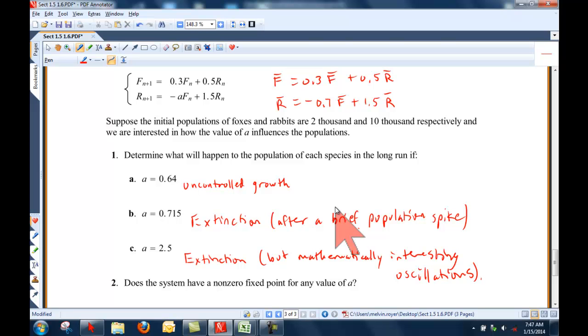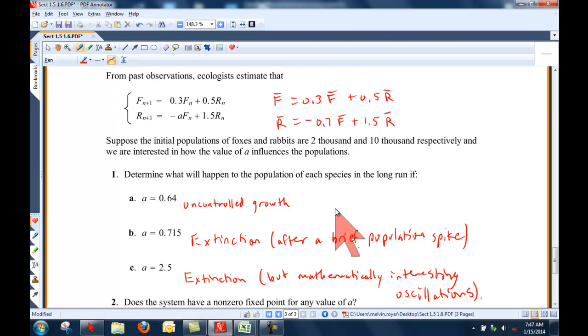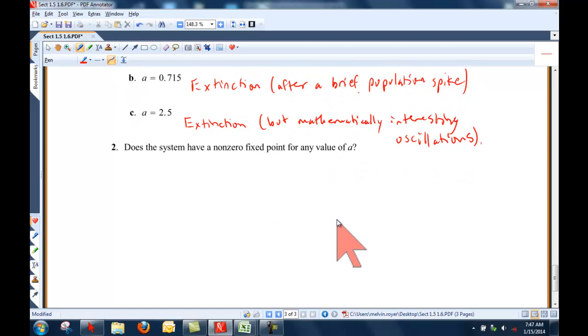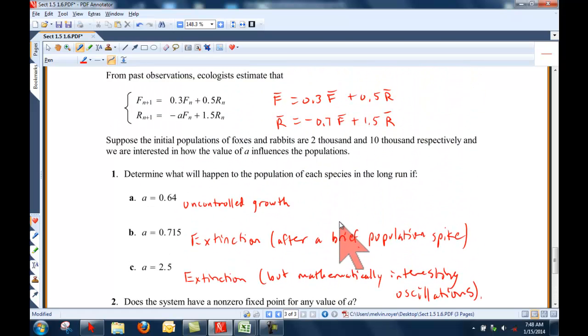Or in fact, I believe any multiple of that. I should have worked ahead a little bit to probe the math a little bit.